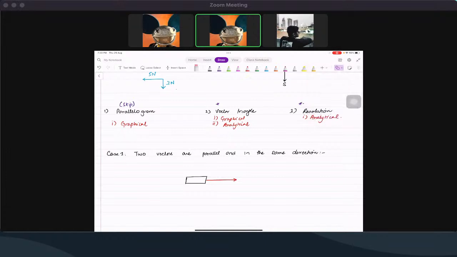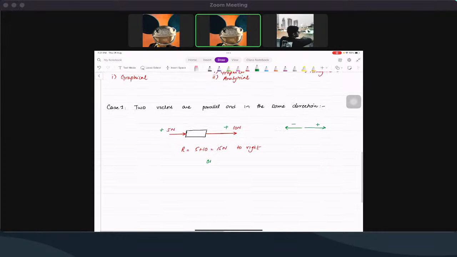Suppose say 10 newtons and 5 newtons, so the resultant would be 5 plus 10, which is 15, and we can write it towards the right. Or we can say, if I take right as positive and left as negative, so all the vectors towards the right will be positive.